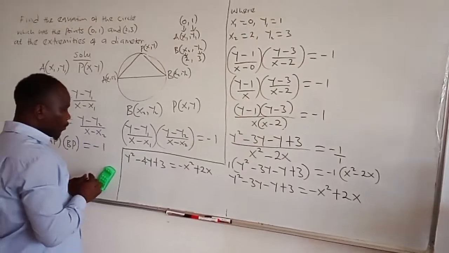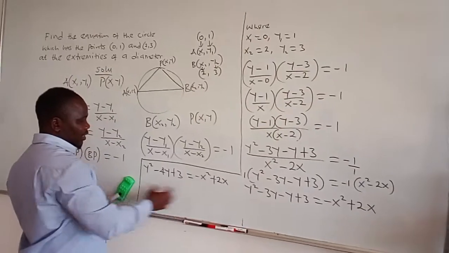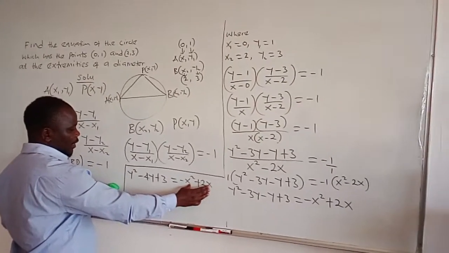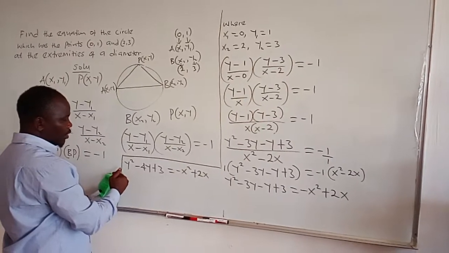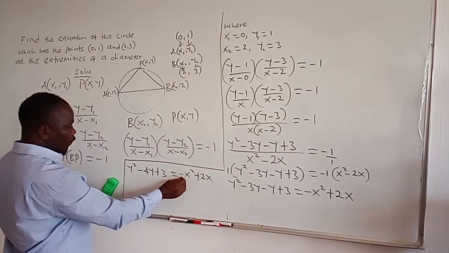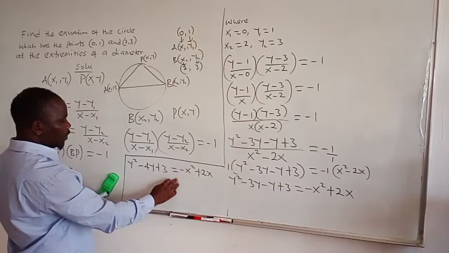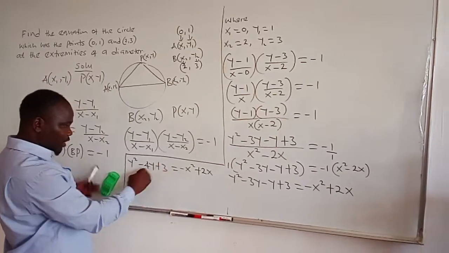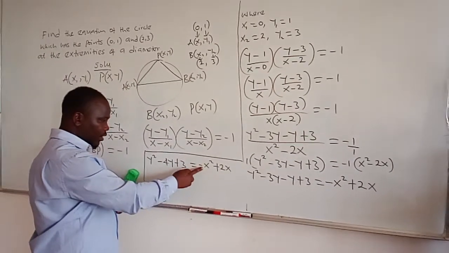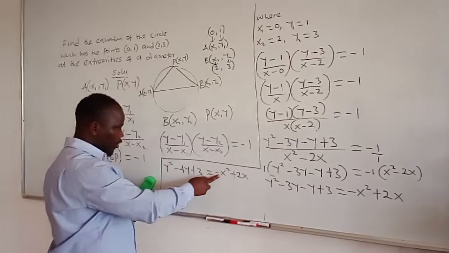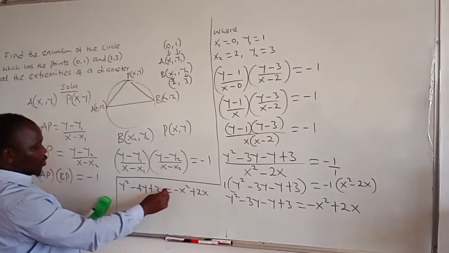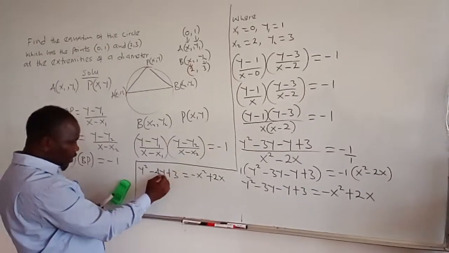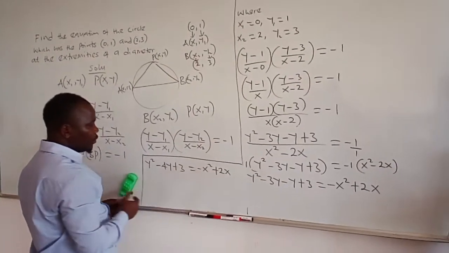So now, let us take this to the left hand side. Is that clear? So, if this minus sign crosses the sign of equality to this left hand side, it will always give you what? Plus. If plus 2x crosses the sign of equality to this other side, it will give you minus.